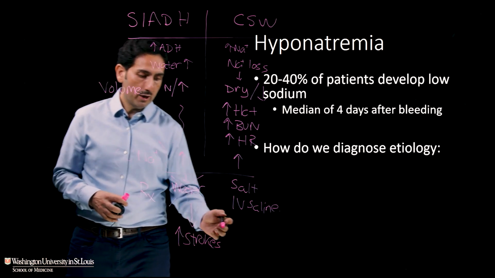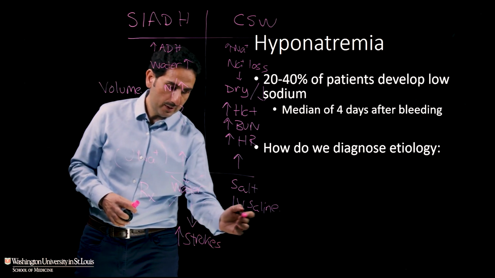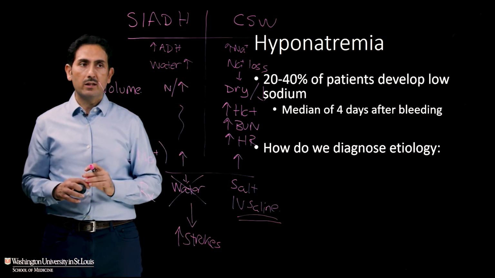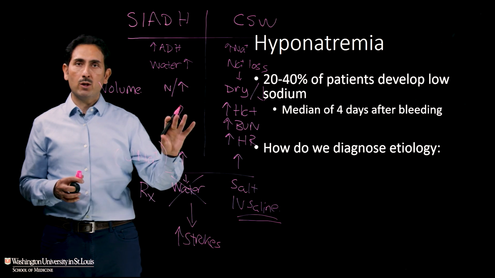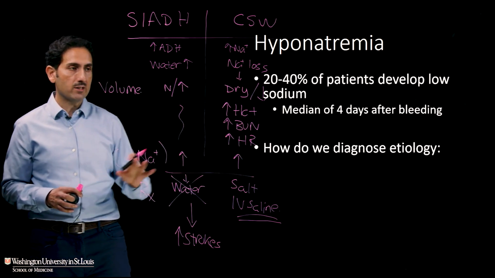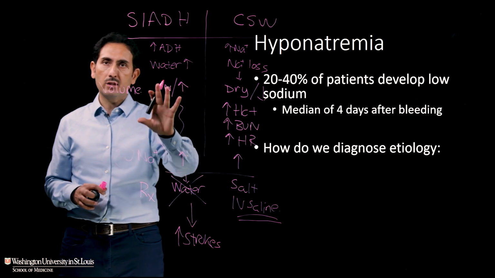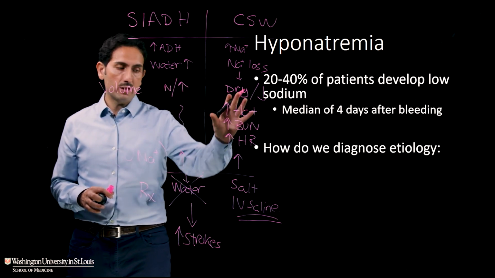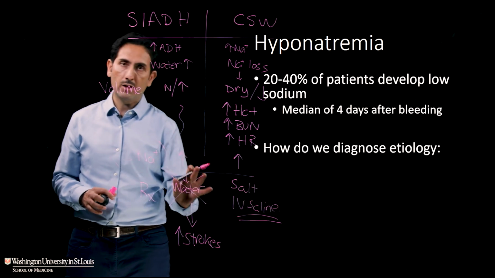And so what the recommendation is, because of this risk, is to treat everyone as if they have salt wasting. So fundamentally, this is important to recognize, important to know, but you're going to presume most patients, and this is just with subarachnoid hemorrhage, have some element, unless you're extremely confident in your volume assessment, that there may be a little bit of salt wasting. I'm going to give them salt and saline and not restrict their water.